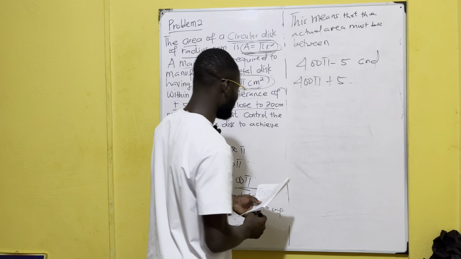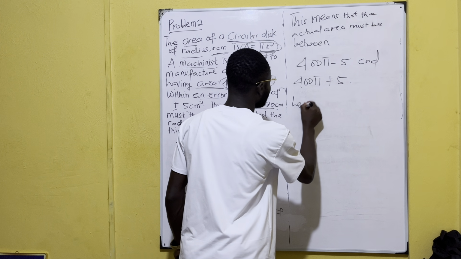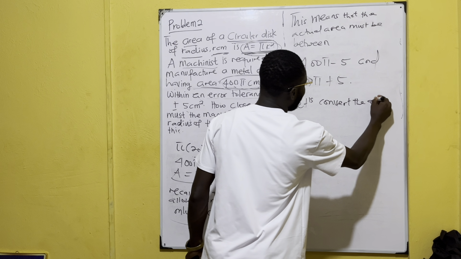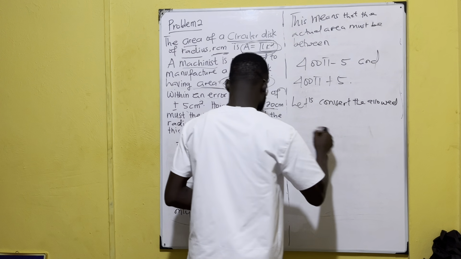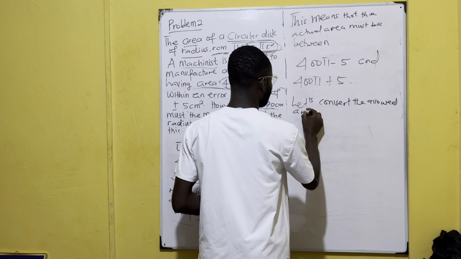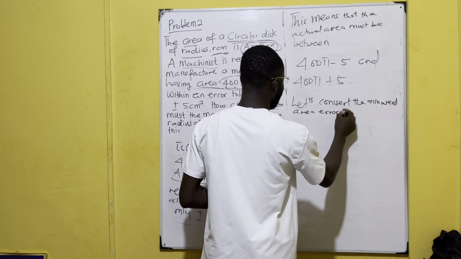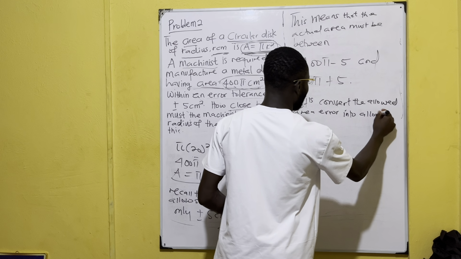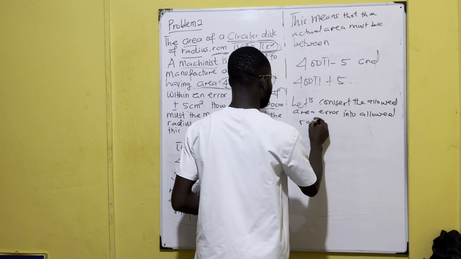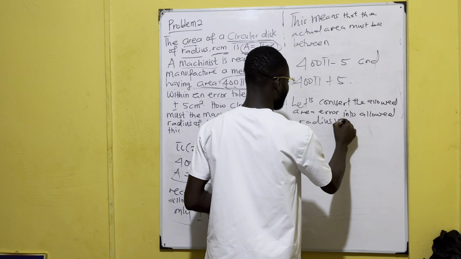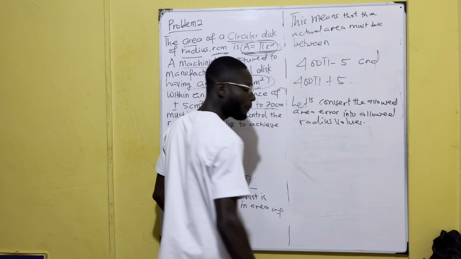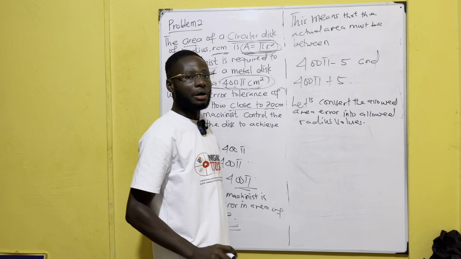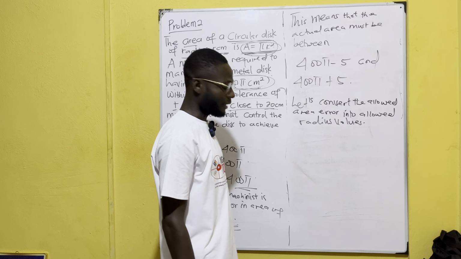So let's convert the allowed area error into allowed radius values, right?